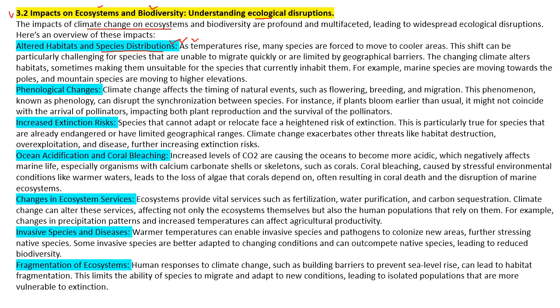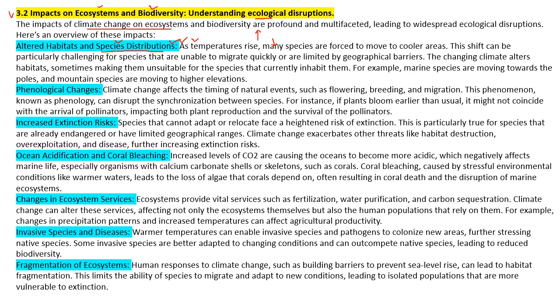So as the temperature rises and these climate region boundaries shift towards the north or towards the south, consequently there is a shift in the distribution of the species. Species also move slowly to their favorable conditions.